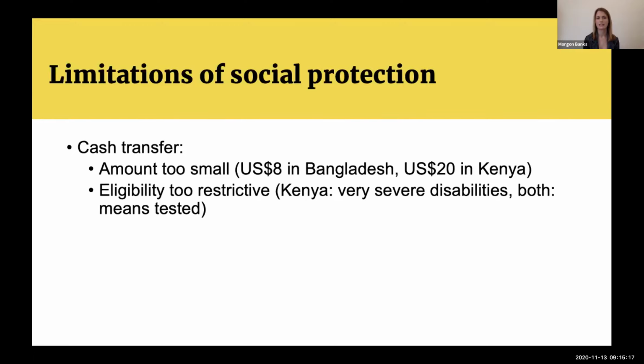In both settings, these were means-tested programs focused on people in quite extreme poverty. In Kenya, for example, no one in the household could earn an income or receive a pension. So we're talking about quite severe poverty. Similarly, in Kenya, they were focused on people with very severe disabilities, needing full-time caregiving support, which, given the small amount, was really inadequate to cover all the costs needed.